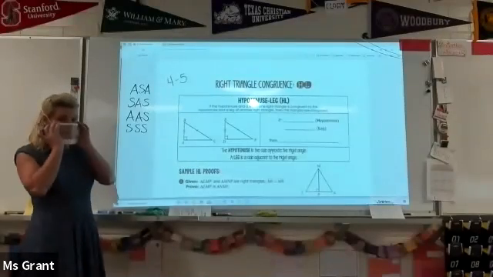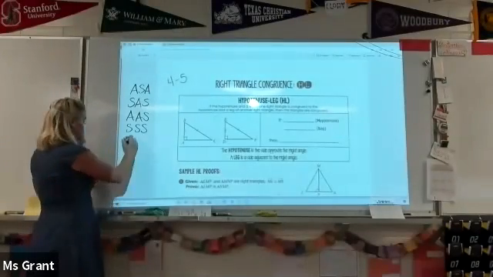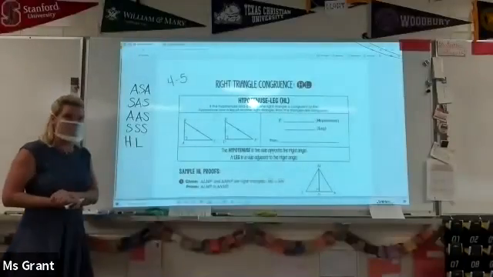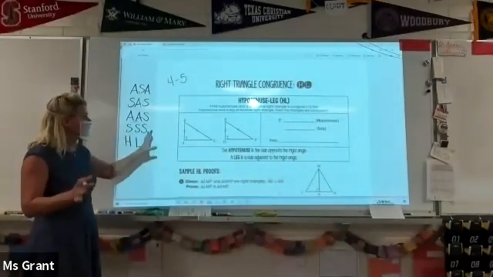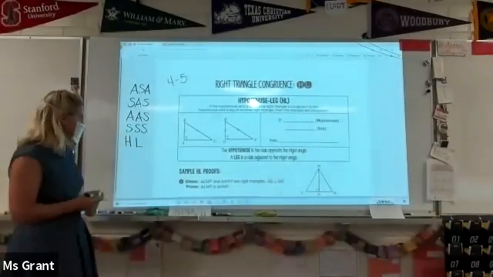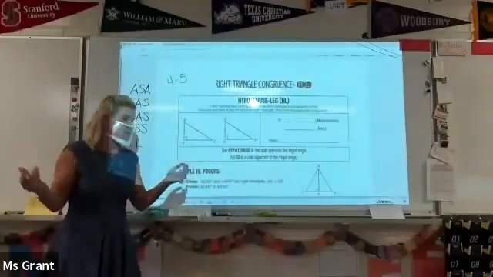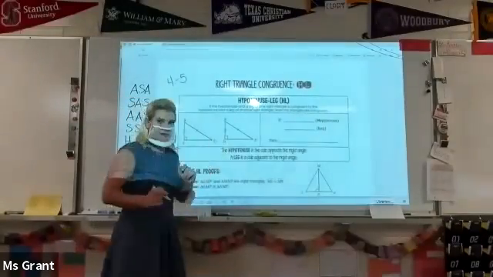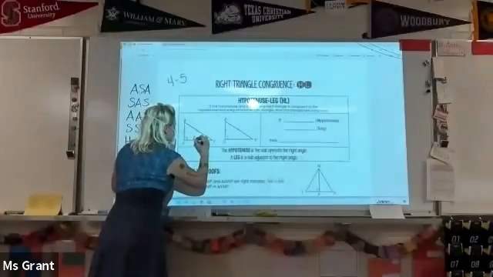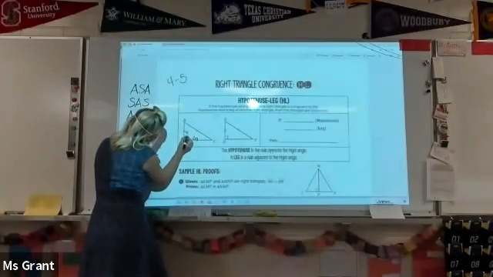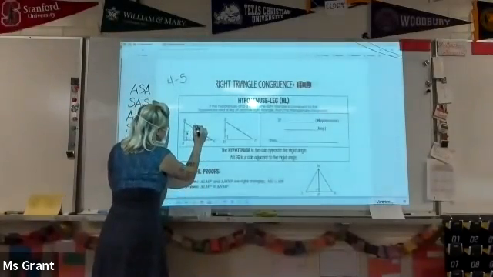And today we're doing hypotenuse leg. Hypotenuse leg means that, of course, it has to be a right triangle, right? So they're a right triangle. Just so you know, here's a leg, here's a leg. This is the hypotenuse.